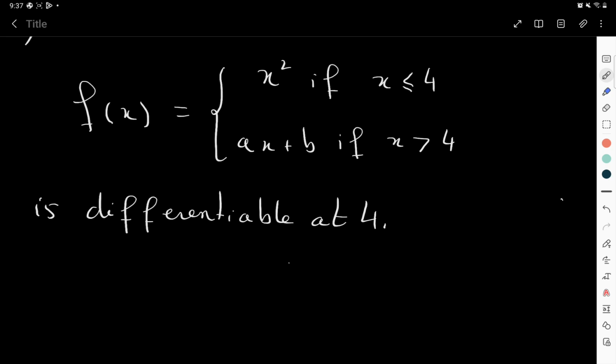Okay, great. First of all, notice that if f is differentiable at 4, then f must be continuous at 4.